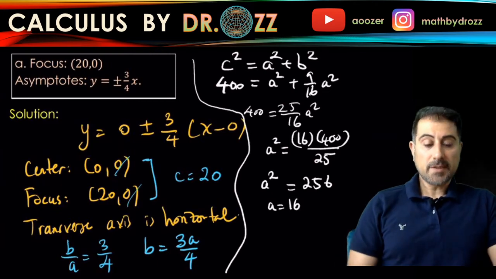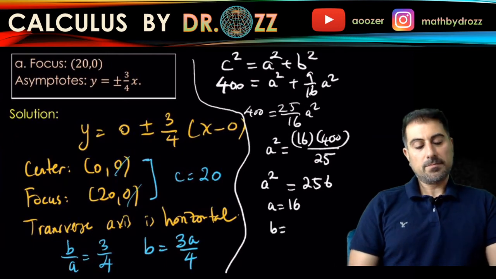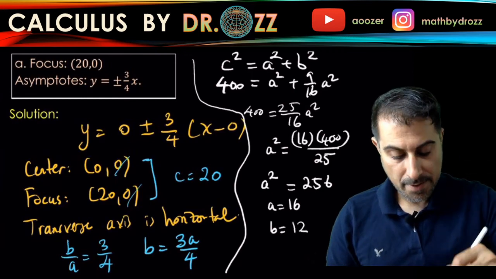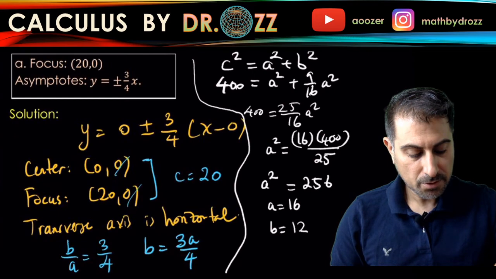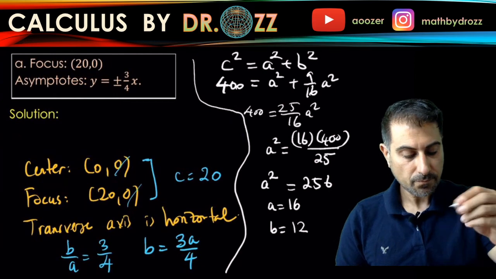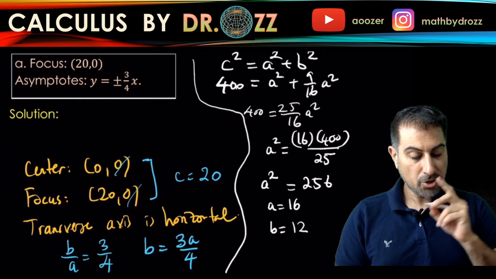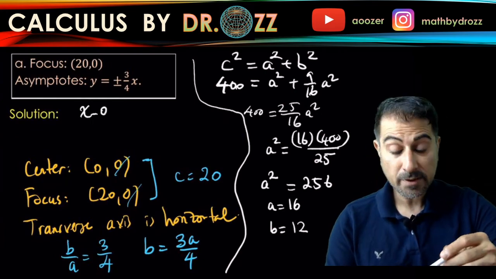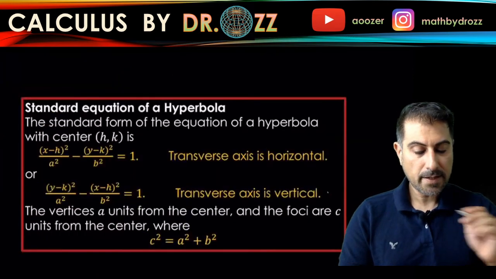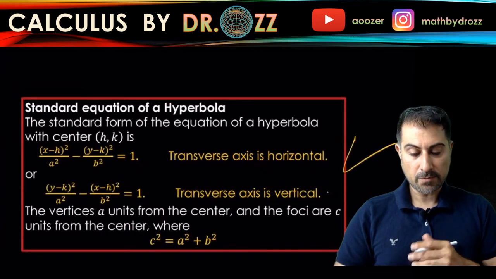And 3/4 of this is b. Multiplying by 3 divided by 4, that is 12. Now we are in the position to write down the equation of the hyperbola. The transverse axis is horizontal, so the x term is going to come before the y term, and the denominator for the first one is a squared.